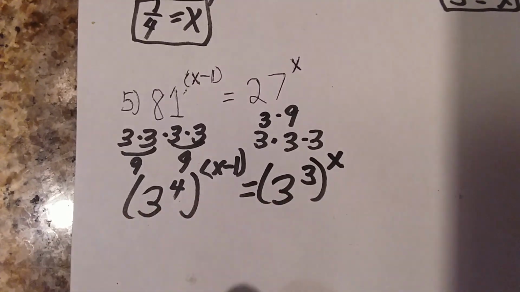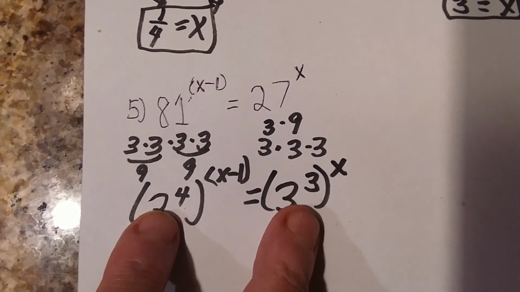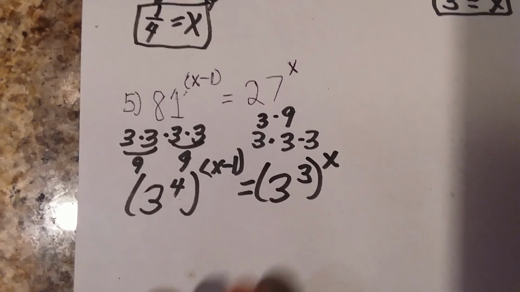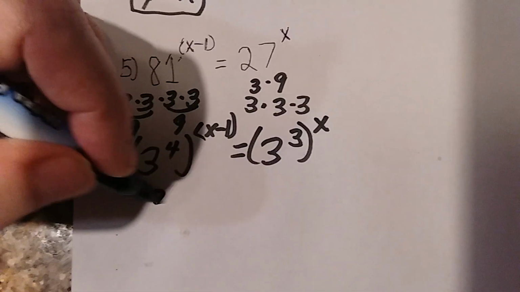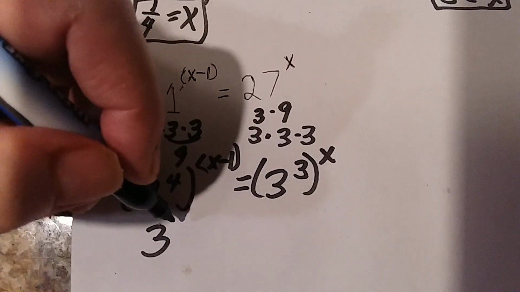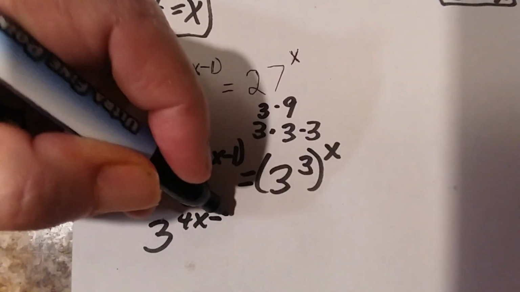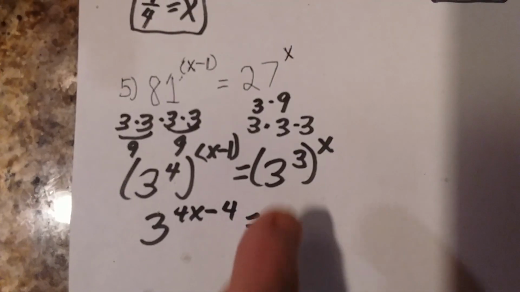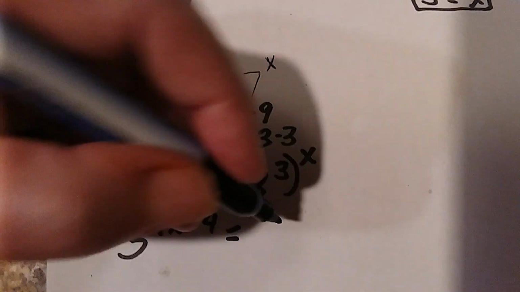Okay, we're all set. Notice we got the bases the same, so let's simplify it and solve for x. To simplify, you're going to distribute 4x minus 4 times 1, so it's 4x minus 4. This one is easy, it's just 3 times x, or 3x.